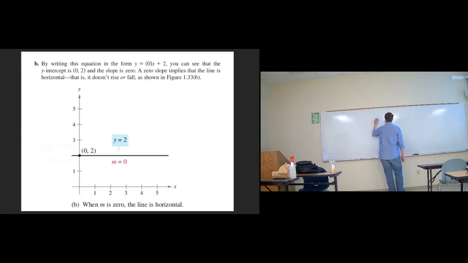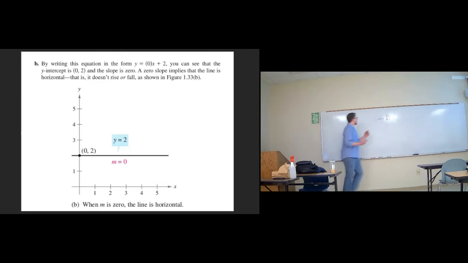Slope, m, is defined as the change in y over the change in x. That's all well and good, except what does those triangles mean, right? Those triangles, for the uninitiated and those who are not members of fraternities or sororities, those are deltas.